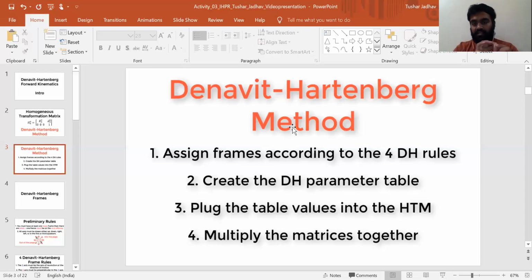So to find the final position of that robotic arm, you have to multiply all the transformation matrices, and then you get a homogeneous transformation matrix at the end, which gives you the final angles and the final position of the end effector. So these are the 4 steps that the Denavit-Hartenberg method requires us to follow.